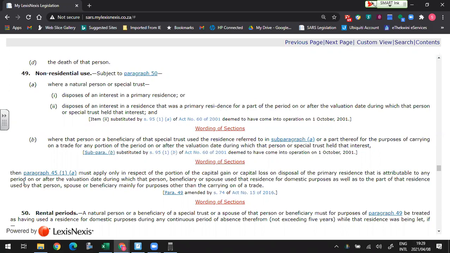So I would write something along those lines down, saying paragraph 49 says, if you don't stay in the residence, you need to apportion for the period that you were not staying inside the residence.